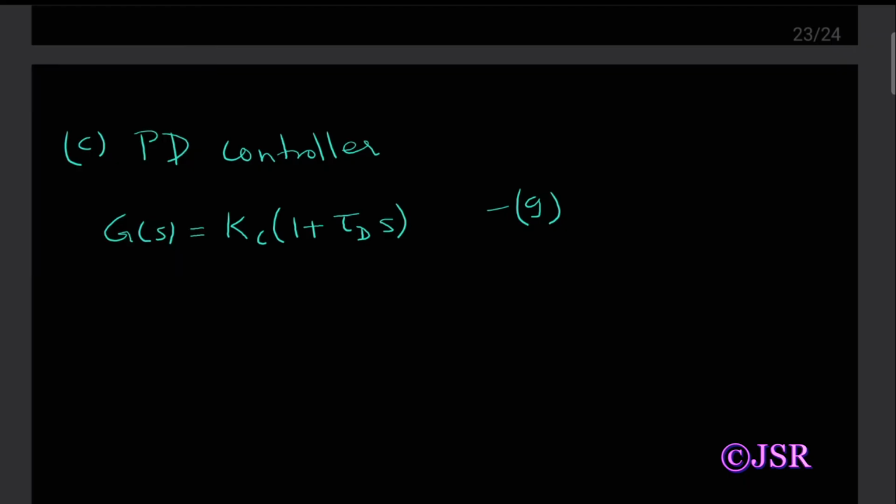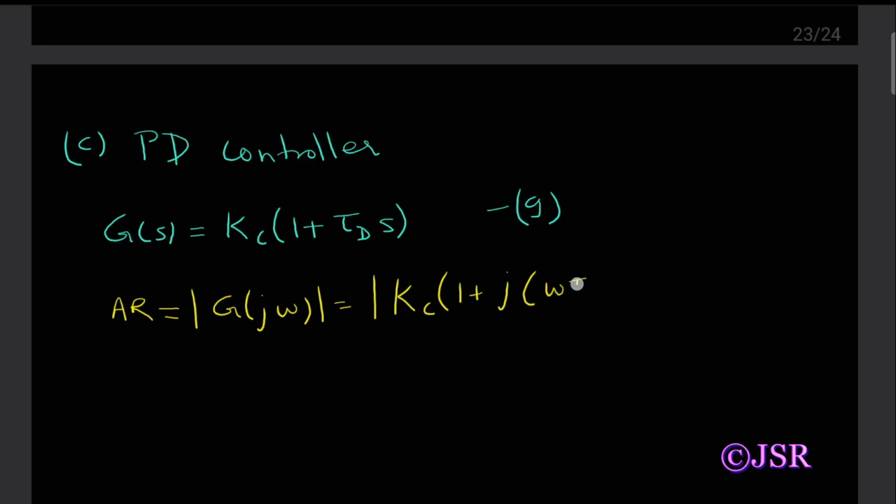So the amplitude ratio can be written as the mod of G of j omega, and this can be written as Kc times 1 plus j omega tau d, and further this can be written as Kc times square root of the real part squared plus the imaginary part squared.